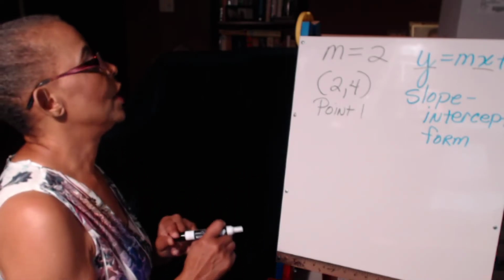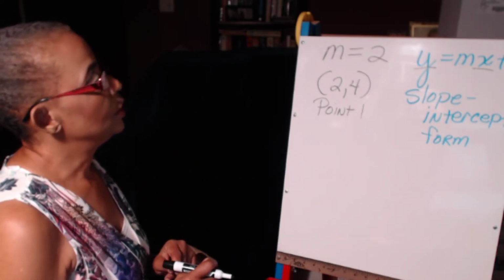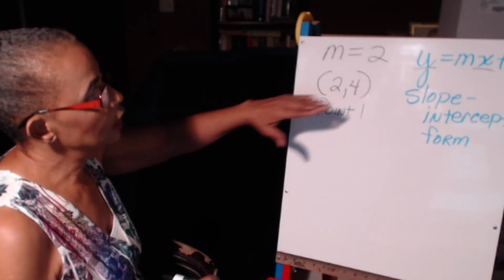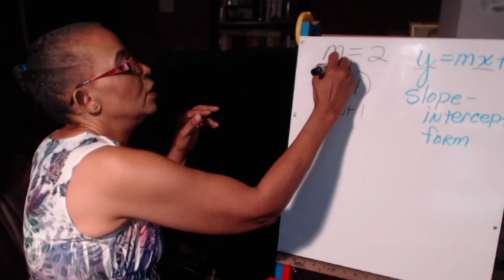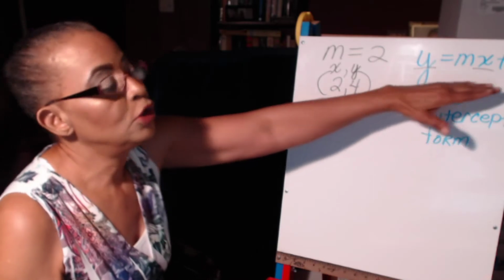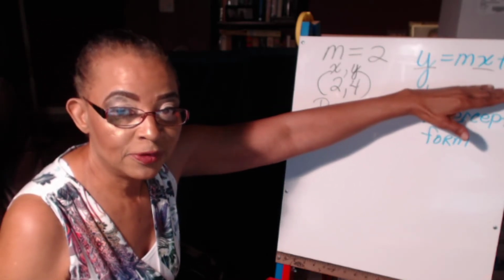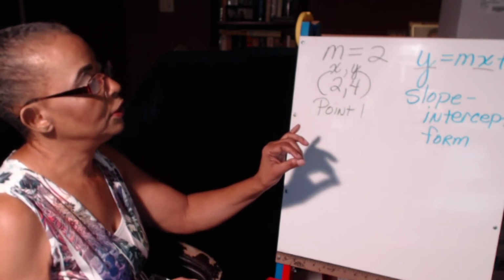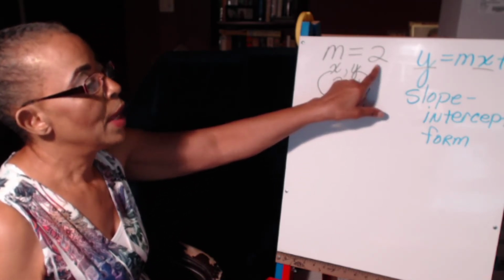Okay? So, we know our slope is 2. And we have this point. I'm going to substitute this point, 2 for x and 4 for y, into my slope-intercept form of an equation of a line. I'm going to substitute that in with my slope.